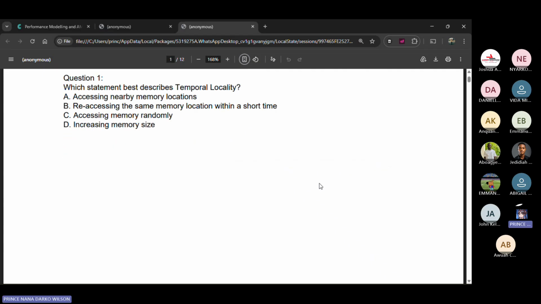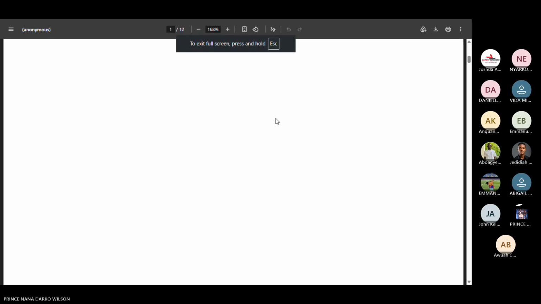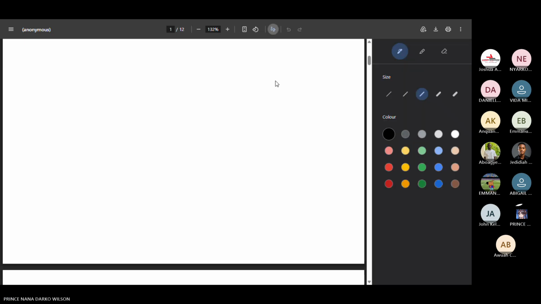There was a big empty space somewhere. Okay, let's use this one. Let's have a good look at what's happening here. All right. I'm going to use illustrations to better explain the concept, okay?